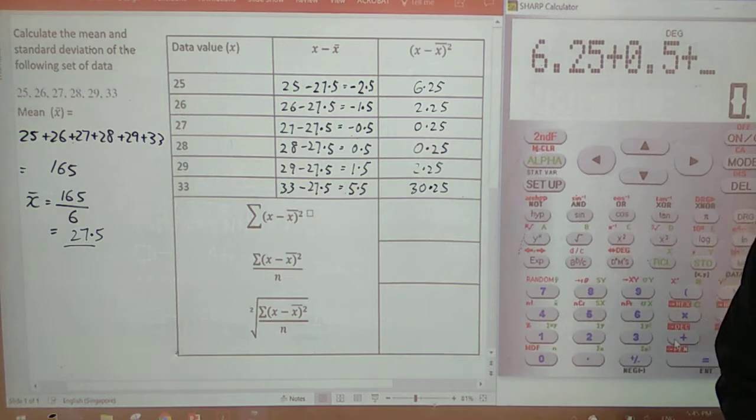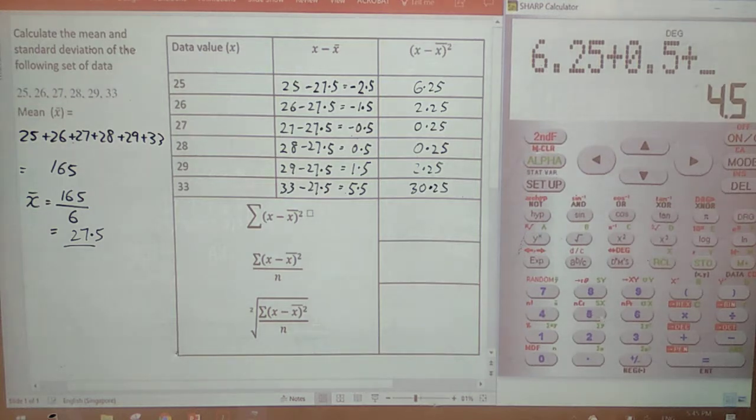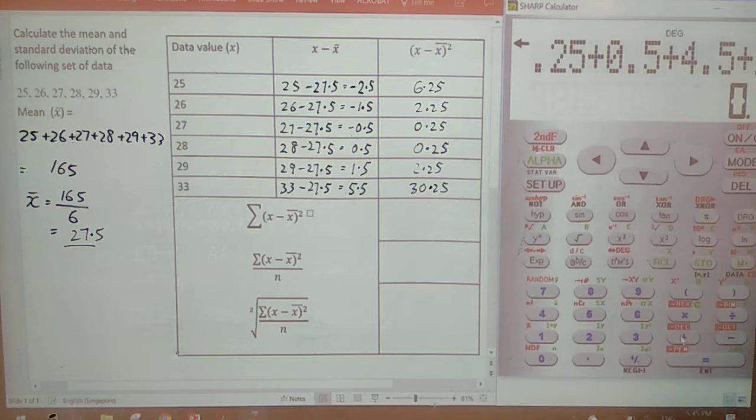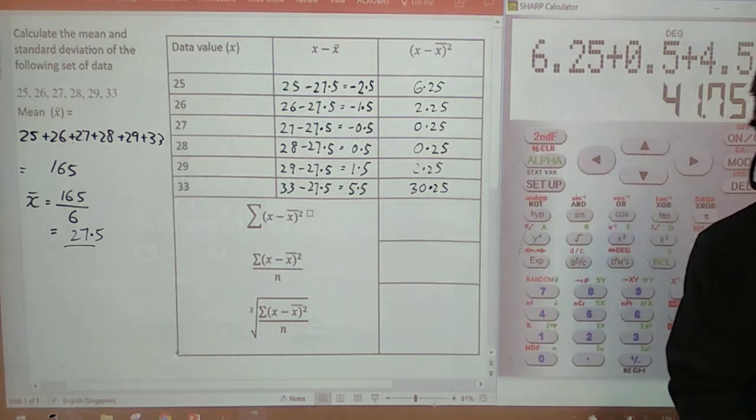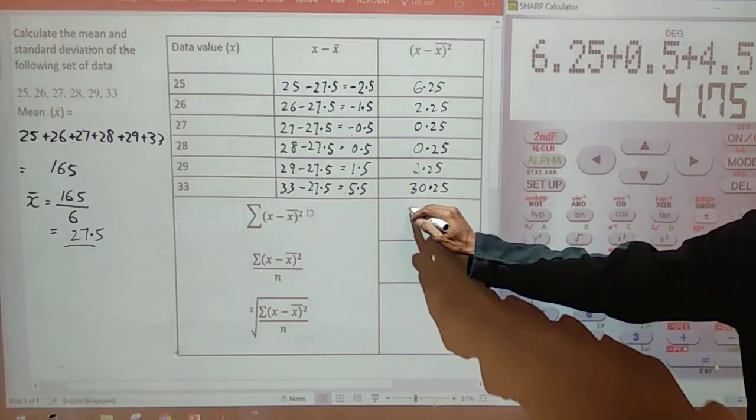We're going to add 4.5, that's for adding the 2.25s together. And we're going to finally add 30.25. That's equal to 41.75.